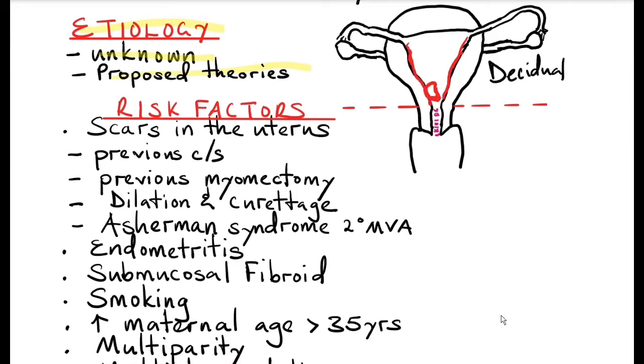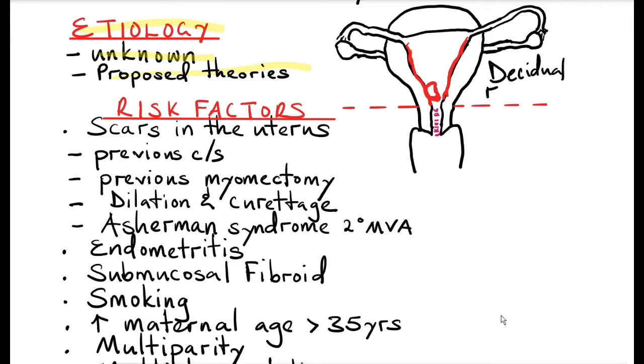It's simply the endometrium. Now, when we say decidual reaction, we mean the placenta getting attached to the decidua here.